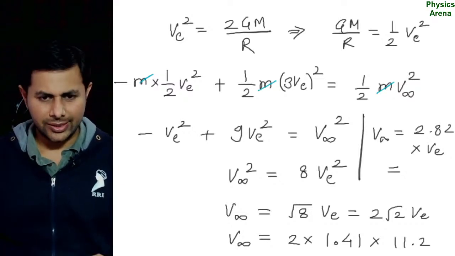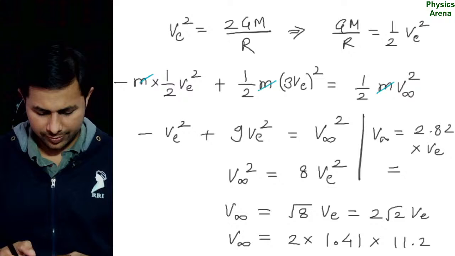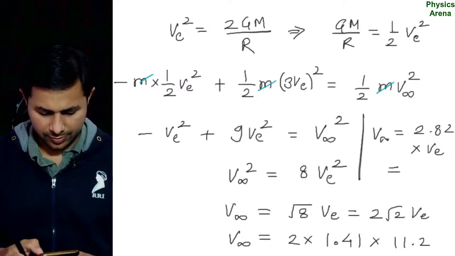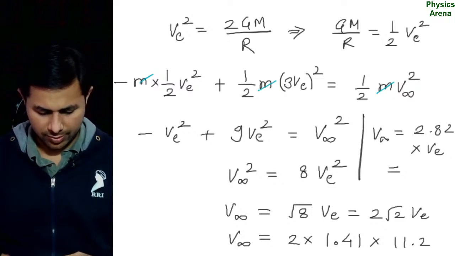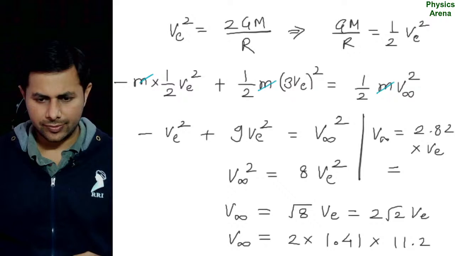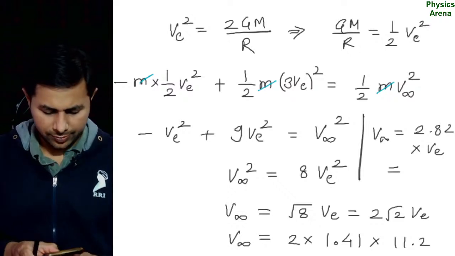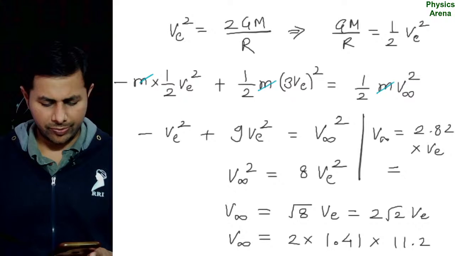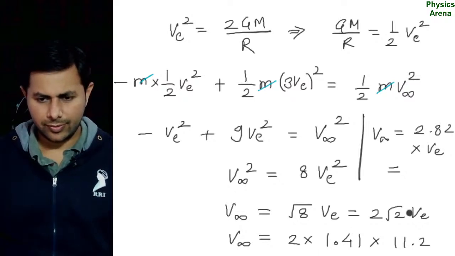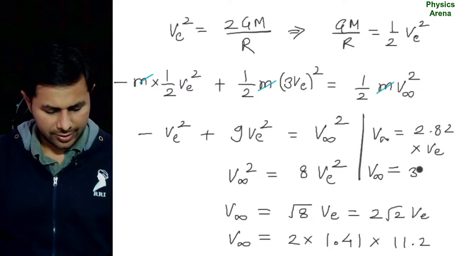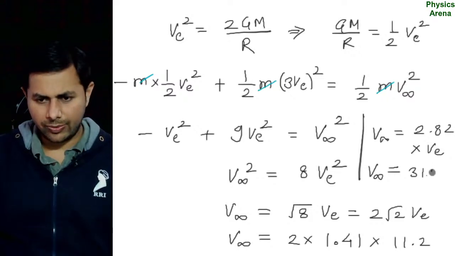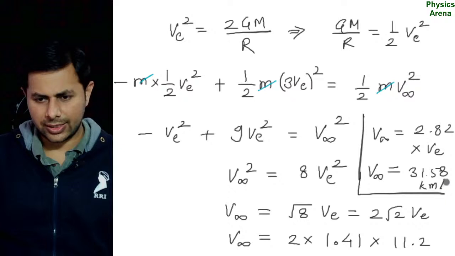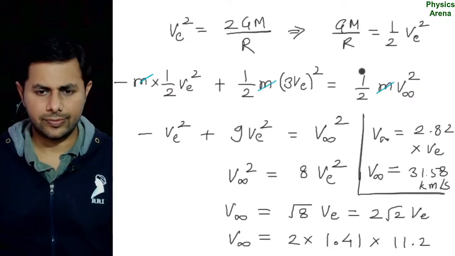so it is 2.82 multiplied by 11.2, that is 31.58. Okay, so v at infinity will be 31.58, and the answer is in kilometers per second.